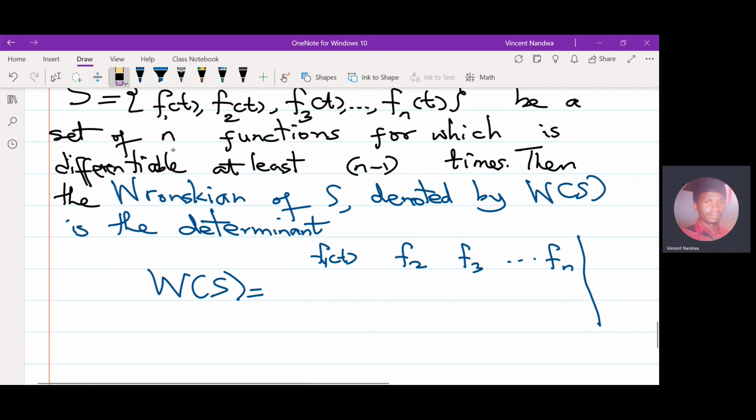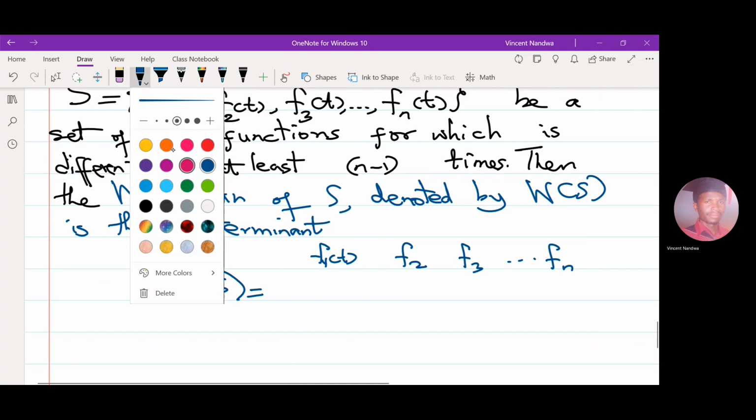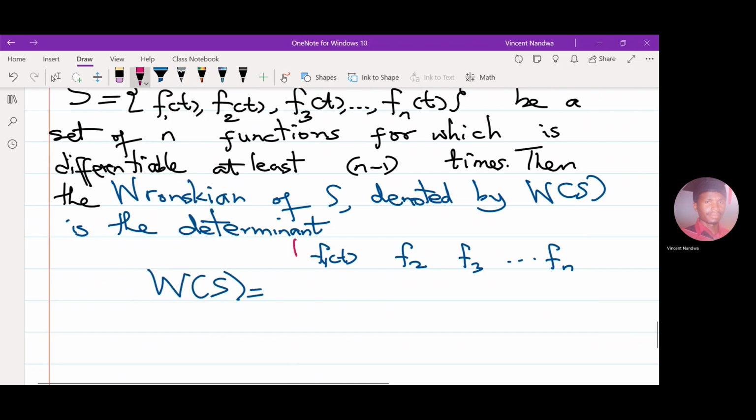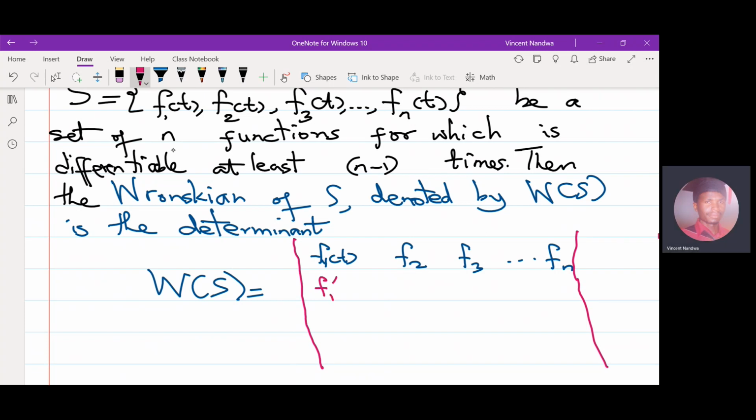These are straight lines to mean determinant. Then the second row becomes the derivative of the first row.